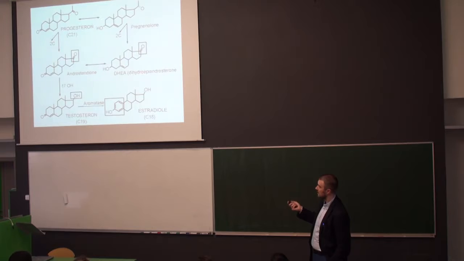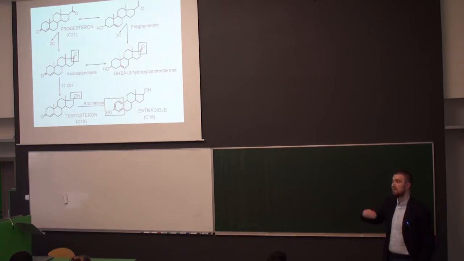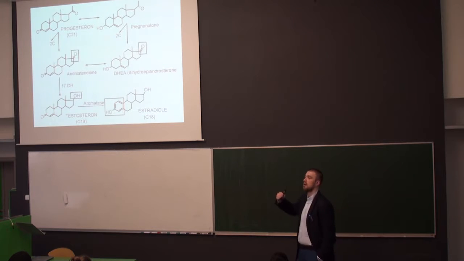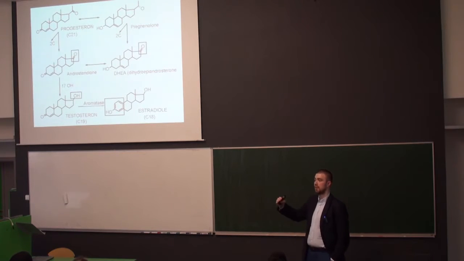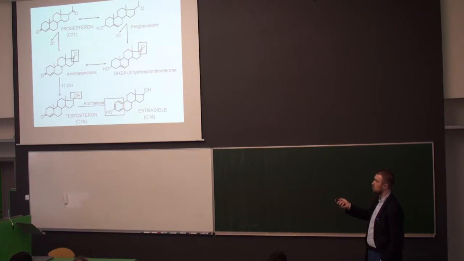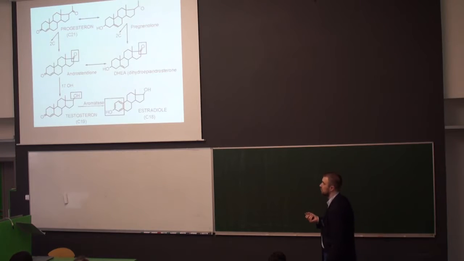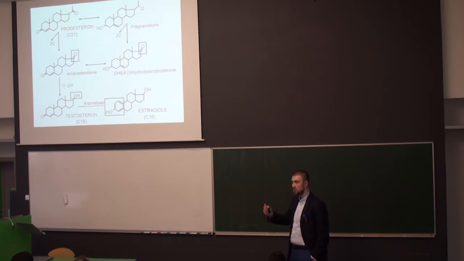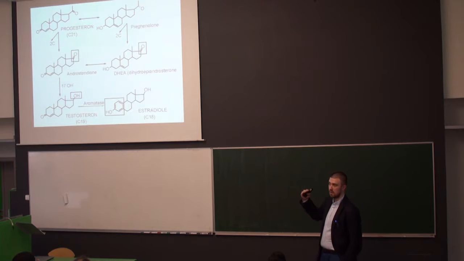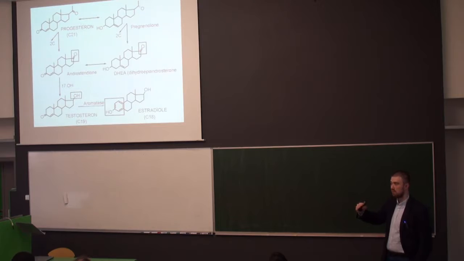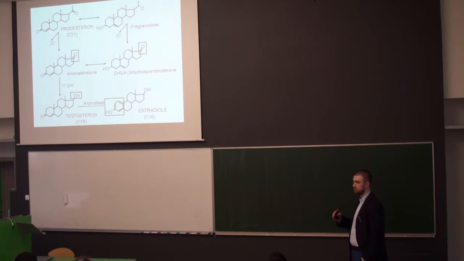Here we have 2 intermediates, androstenedione and dehydroepiandrosterone. These molecules also have some androgenic activity, but they are not the androgens that are typically produced in big quantities in testes. This is the product of the suprarenal gland. But of course, these androgens can be essential, for example, for women, since their ovaries do not produce testosterone, they produce directly the estradiol.